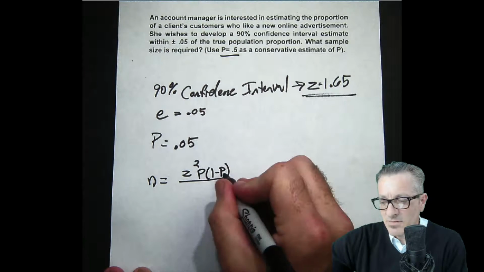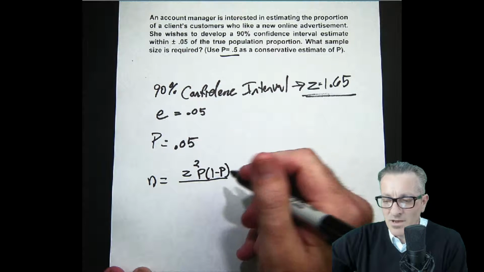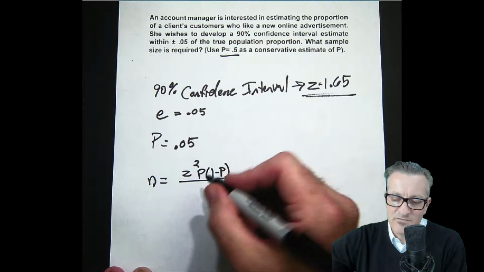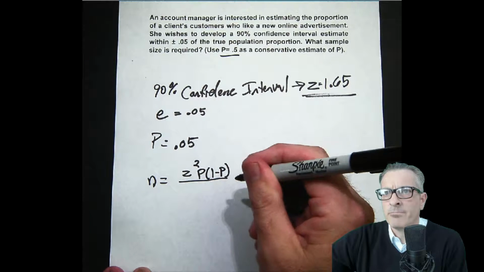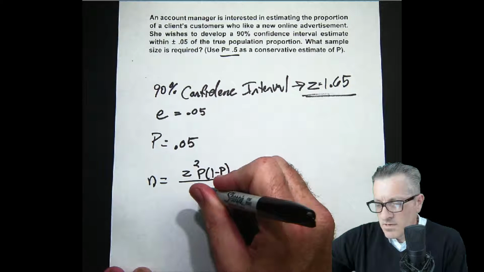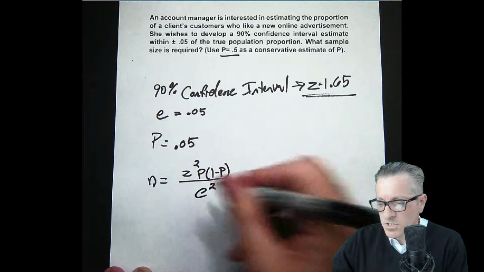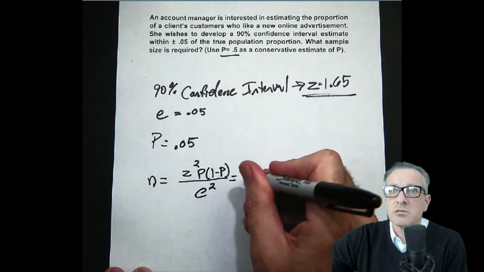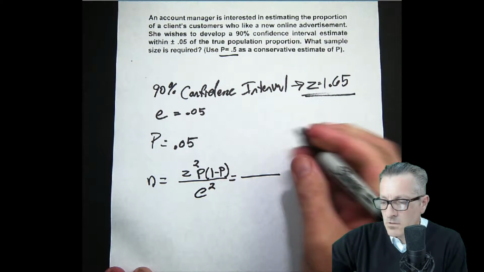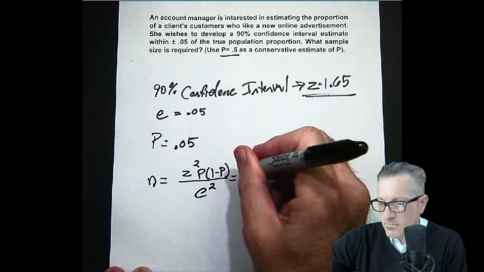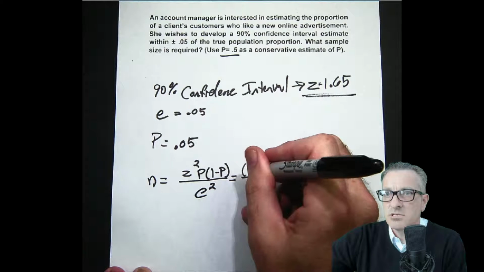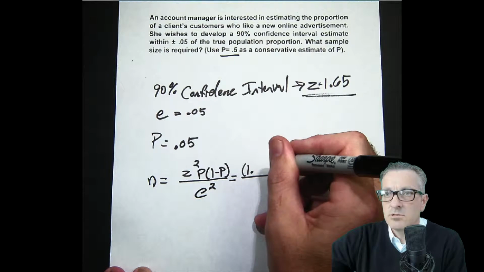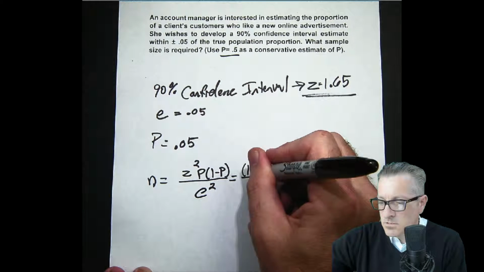This 1 minus p might remind you of our q, which is essentially the inverse of the p. And then we square our error. So what this does is it works out to this. Not a very hard formula. Make sure you put the parentheses around the certain parts when you're using your calculator.